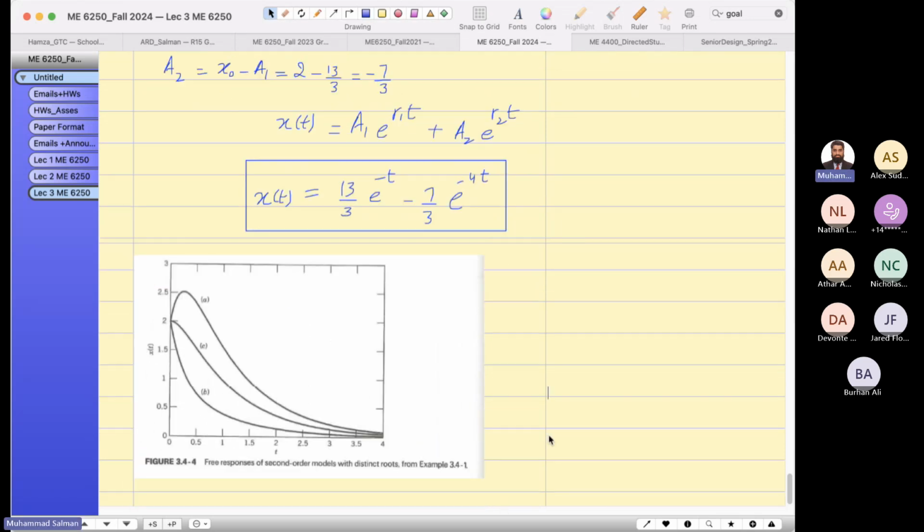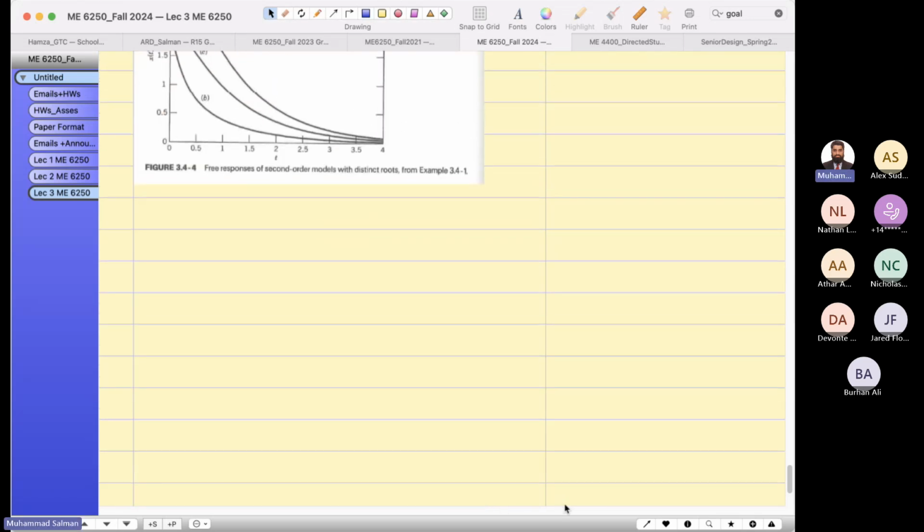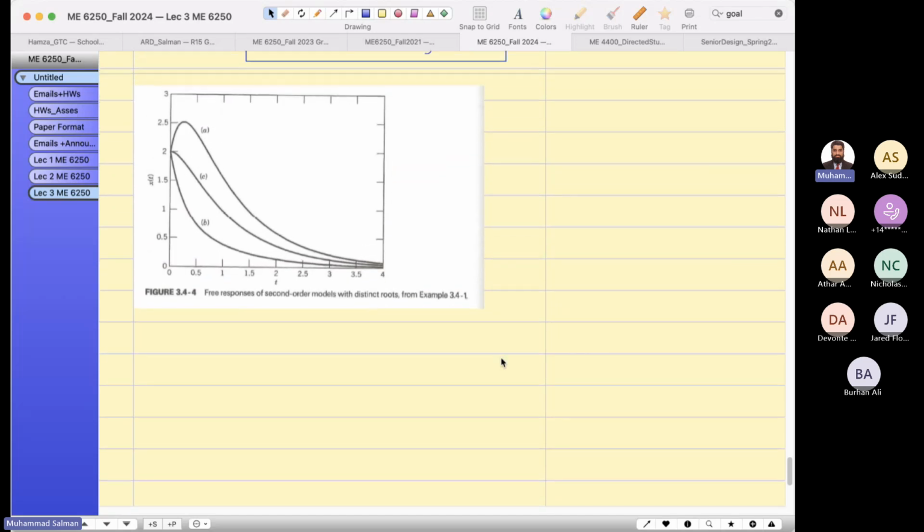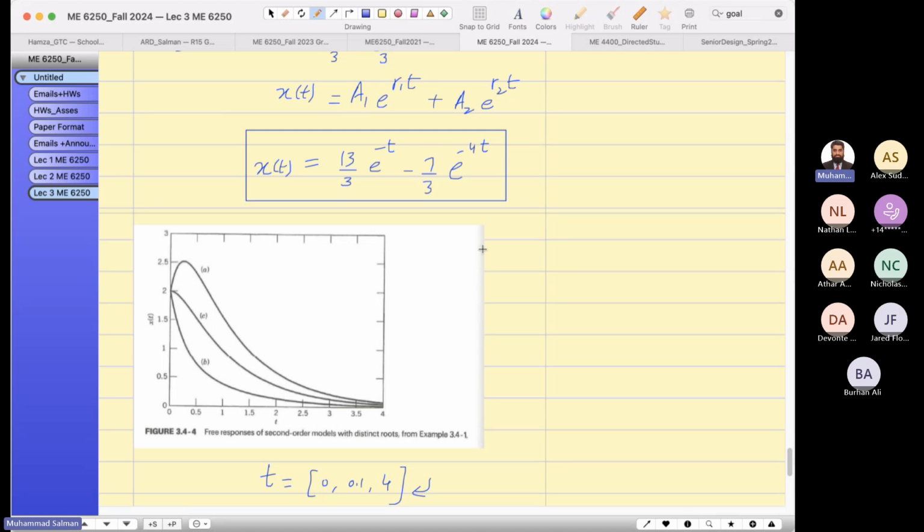You can make your own time vector in MATLAB. Everybody understand how to make a time vector? If you do from 0, maybe 0.1, to 4 seconds, this will give you the time vector, and you can plot it in MATLAB.